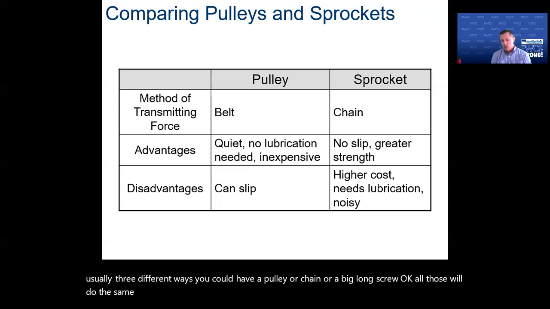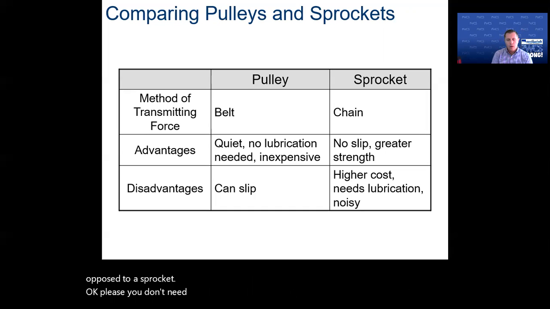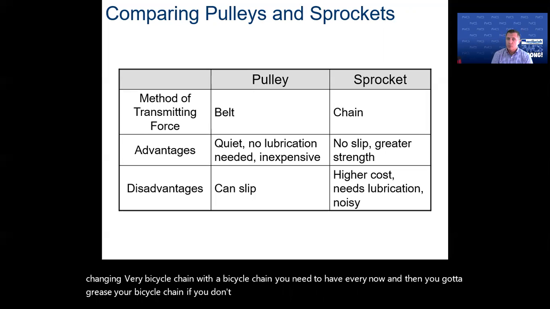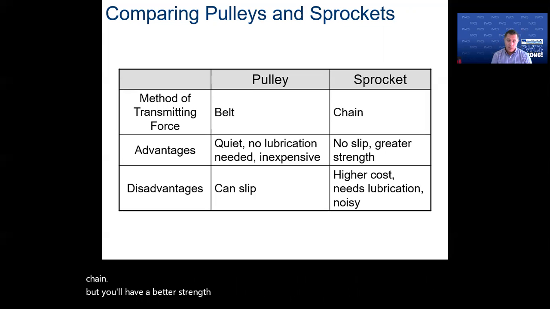But when you talk about advantages, pulleys will be louder as opposed to a sprocket. With pulleys, you don't need any oil or other lubrication, whereas a sprocket is a chain. Think about your bicycle chain. Every now and then you've got to grease your bicycle chain. If you don't, hey, guess what? You should go grease your bicycle chain. But you'll have better strength, where a belt can stretch. Chain is much stronger.